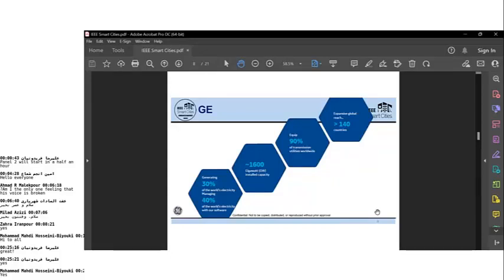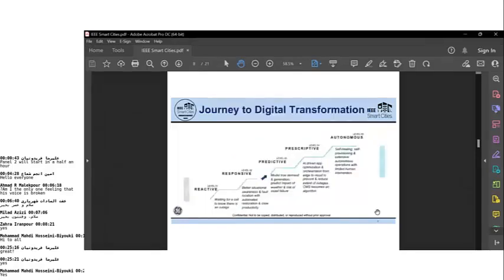This picture shows GE's vision for the digital transformation of the electric grid and where different analytics may land, depending upon the difficulty of the problem to solve and the value it's bringing. Basically, on the lower left is the lowest value and easiest problem to solve. The analytics is more reactive, just saying, okay, what happened?